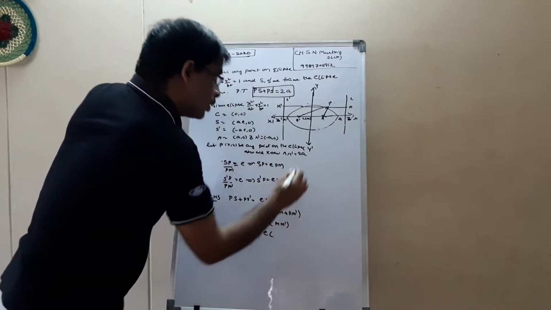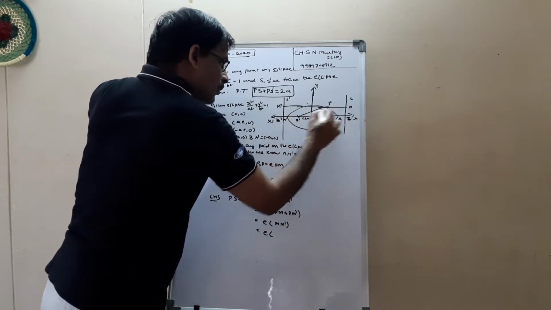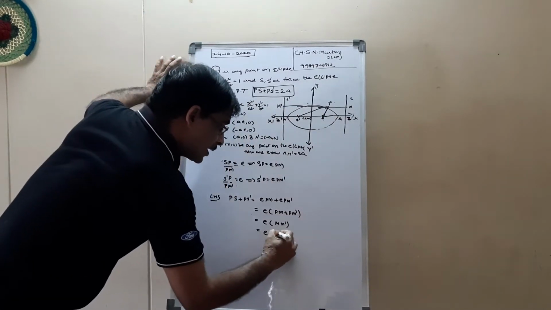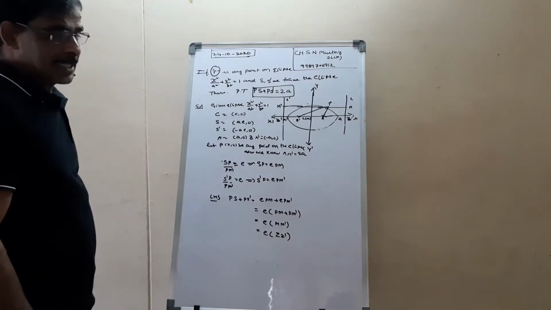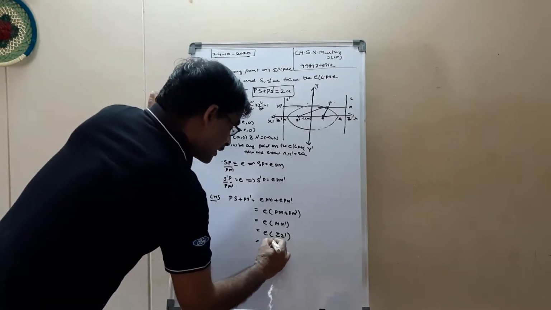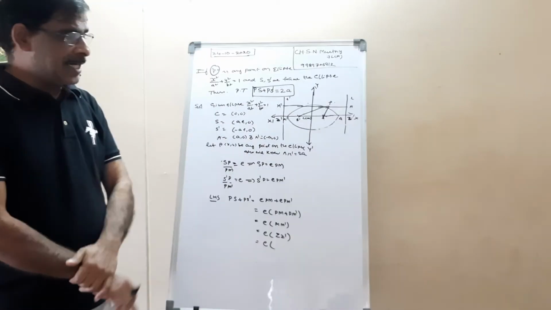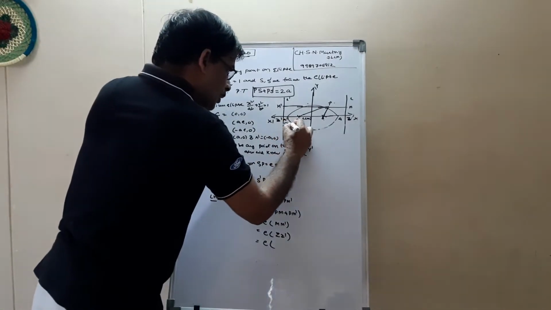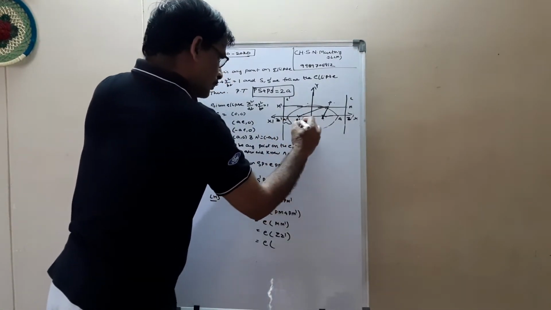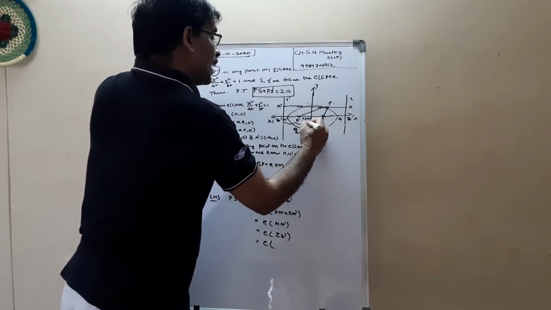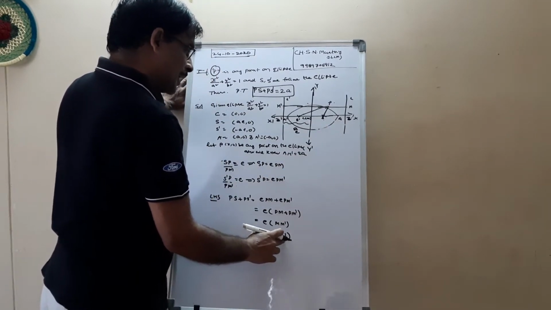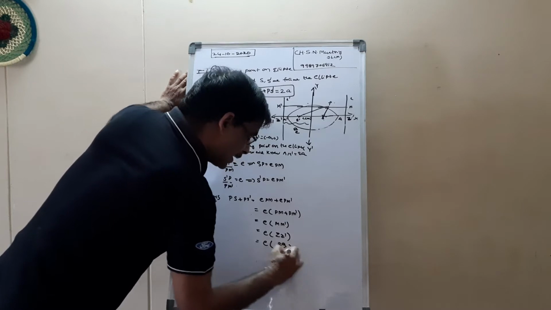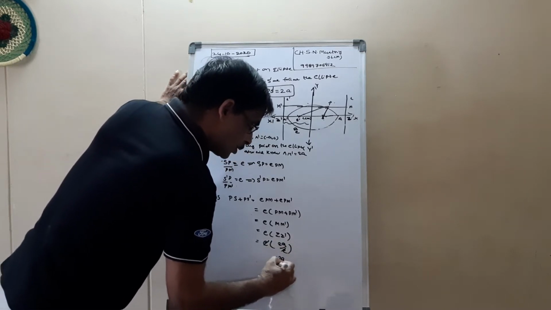MM dash is the line parallel to the axis, so you can write this as ZZ dash. Equal to e into ZZ dash, the distance between Z and Z dash. This part is a by e, the distance between Z and Z dash. So 2a by e, e cancel, equal to 2a.